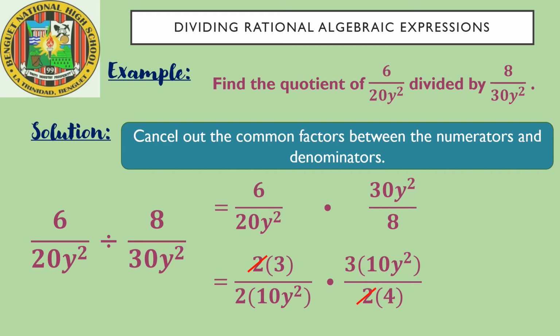Looking at the denominator of the first RAE and the numerator of the second RAE, we have 10y squared as a common factor. So again, we cancel those out. We check also if there are any remaining common factors within each RAE, but there's none, so that means we're ready for the next step.